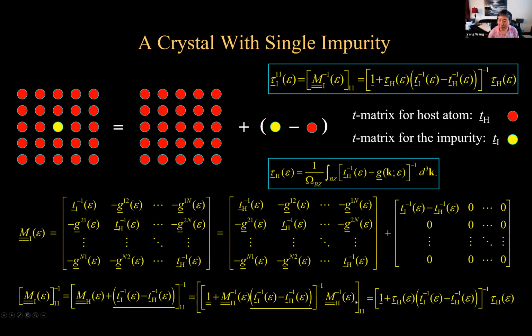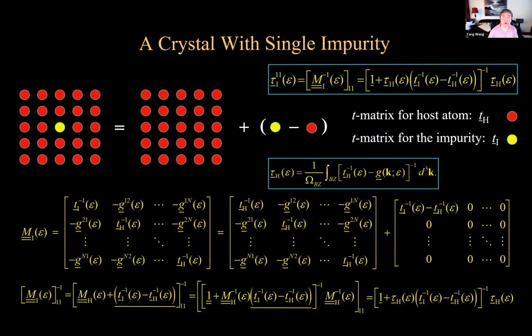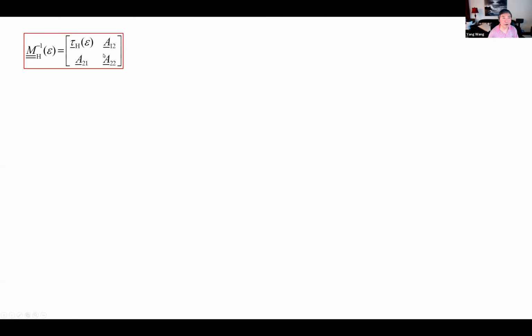Now, I'm going to explain how I get from here to here in this expression. It's not quite straightforward, but let me show you how it happens. First of all, this is the host M matrix. Because its 1-1 block of the M matrix inverse is the tau matrix, I'm going to put it here.